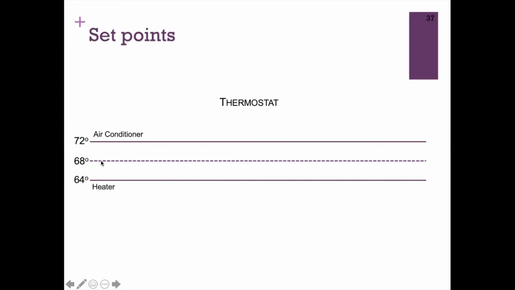Say I want it to be 68 degrees, but if it drops too low in temperature, I'm going to turn that heater on, right? The heater will come on and start to increase the temperature. When it increases and gets too hot, we can turn the fans or the air conditioner on so it'll start to cool it. And it's going to do this until it can actually regulate right around this 68-degree mark.